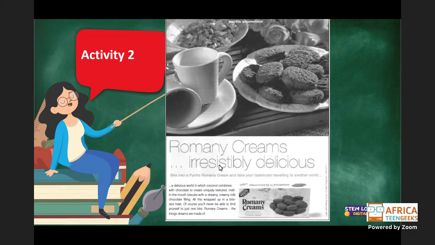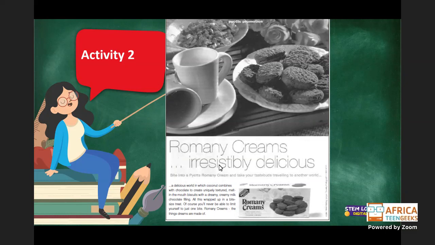Okay. So, for example, if maybe you say yes, you could say the big picture and box make these biscuits look delicious, and then the cups in the picture suggest this will be a good biscuit to have with tea or coffee, all right, and then you can score another 2 marks by talking about the text.